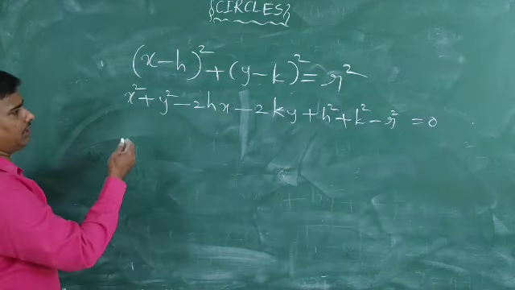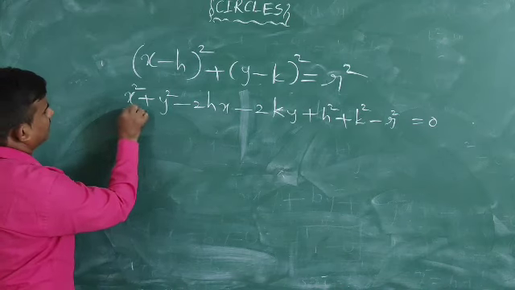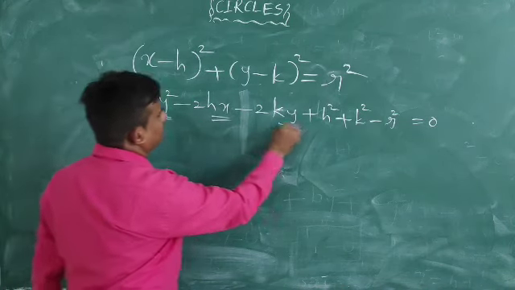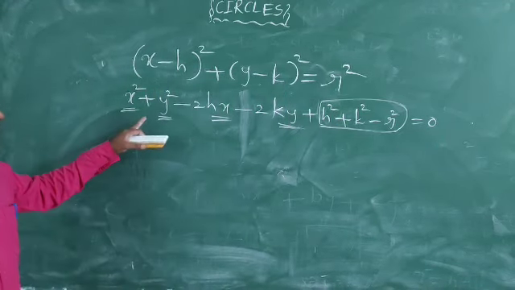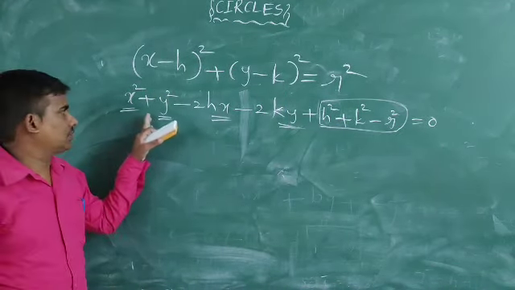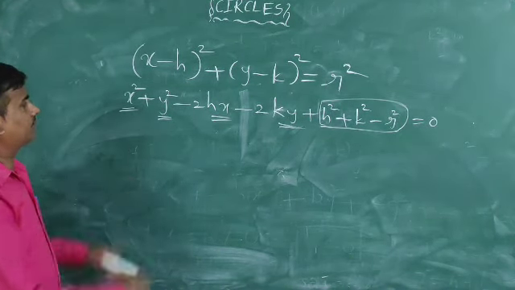If you observe this equation clearly, we see an x² term, y² term, x term, y term, and also the constant term. It is an equation in terms of the variables x and y. I think it looks like a quadratic equation in x and y.